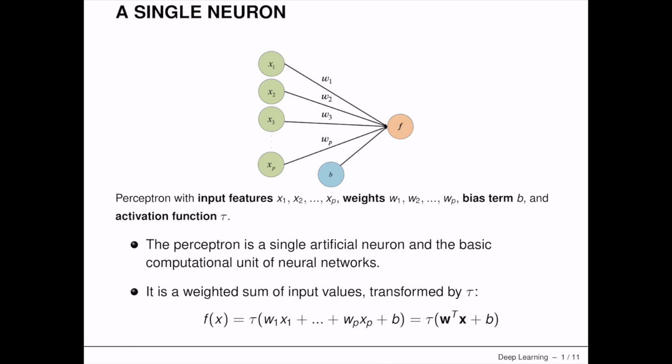It is inspired by biological neurons, and you might remember from biology that a biological neuron is a cell that is connected to other neurons via so-called dendrites. And the connection strength depends on these synapses. Then we have a further connection to other neurons, referred to as axon.